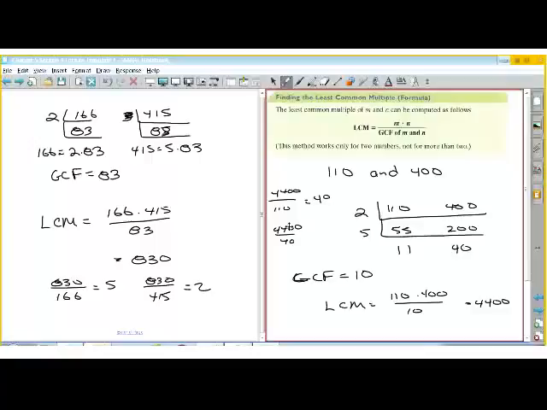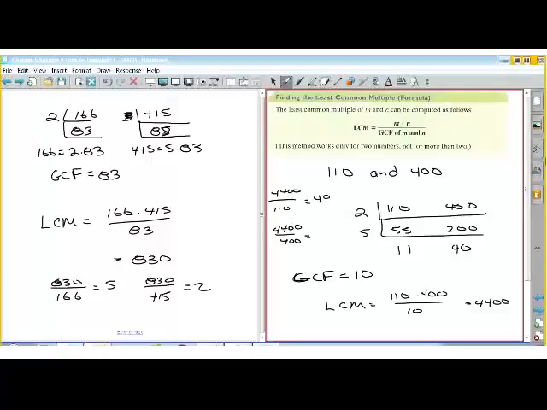And if you take 4,400 divided by 400, you get 11.